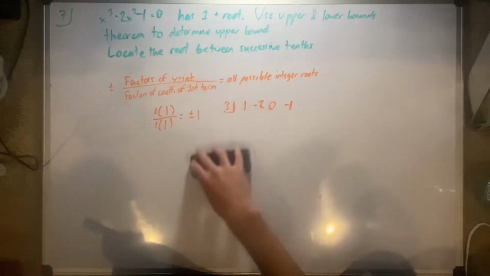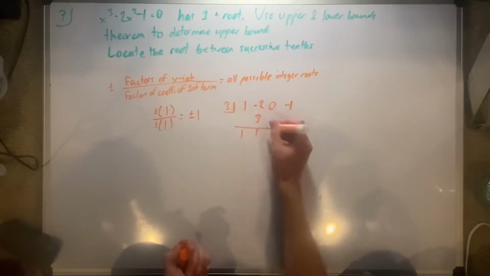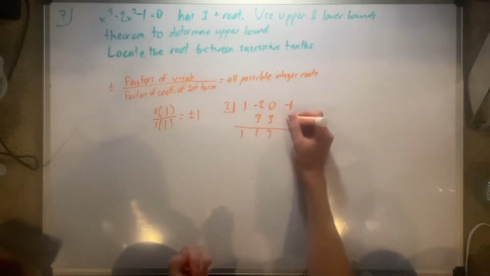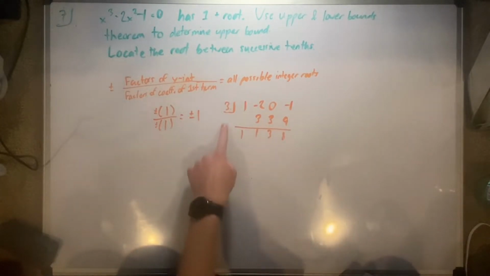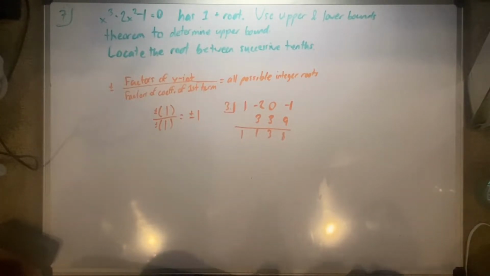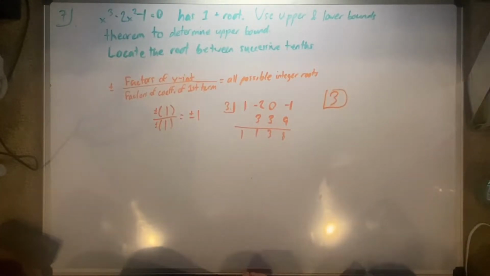If we put 3 here, we'll go 1, 3, 1, 3, 3, 9, and then we have 8. So here is our upper bound. So 3 is our upper bound, and then we want to locate this root between successive tenths.